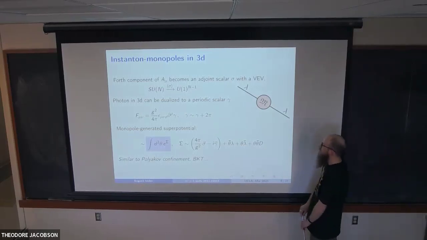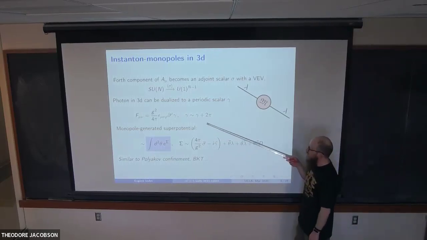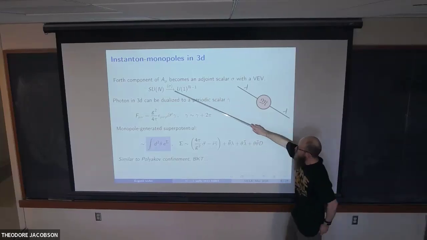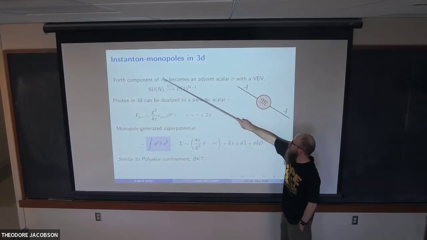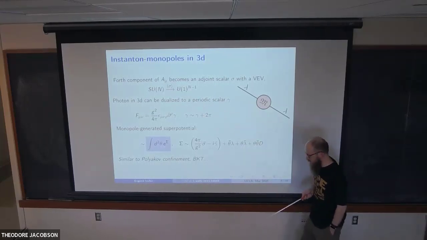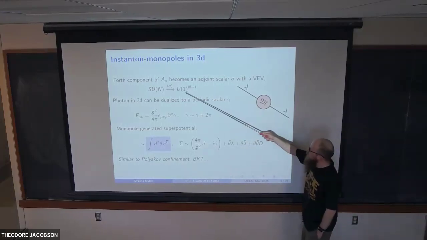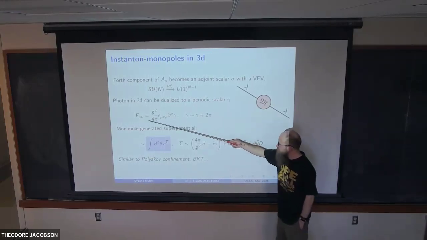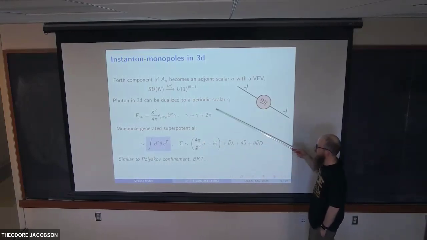So yeah, that makes the theory more tractable. So you have one real scalar, which is the component of the 4D gauge field along the compact direction, and then the remaining U(1) gauge field can be dualized into another real scalar.